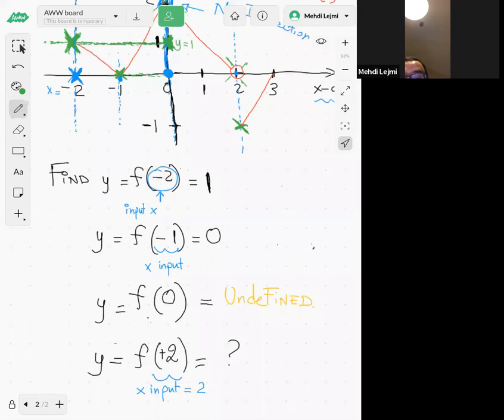Here we don't have an intersection, because this empty circle is not included in the graph, but we still have an intersection at this point. So what will be the corresponding output? We draw a horizontal line, and the corresponding output is y equals -1. The answer is not undefined, that would be incorrect. The answer is actually -1.